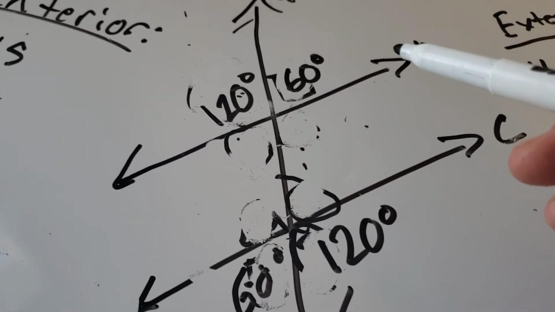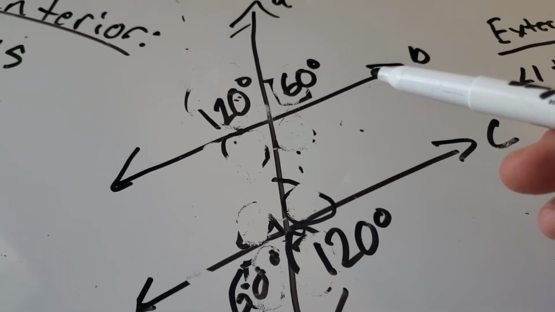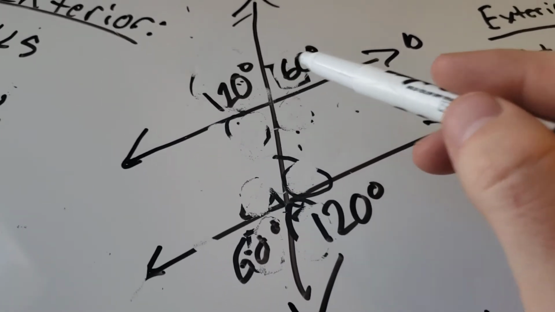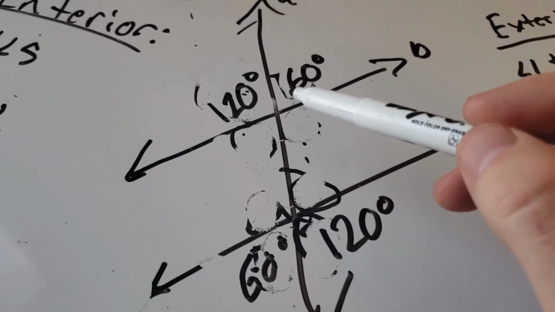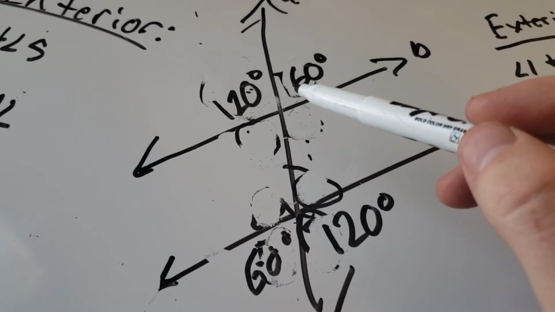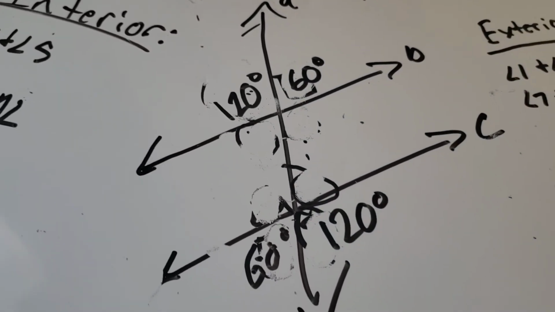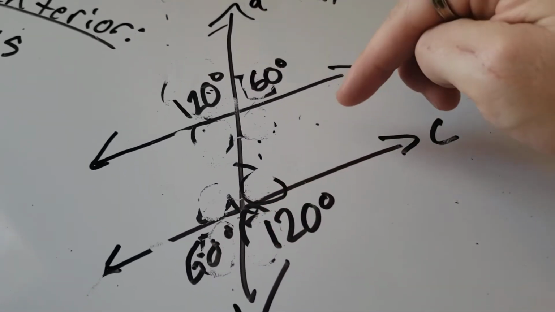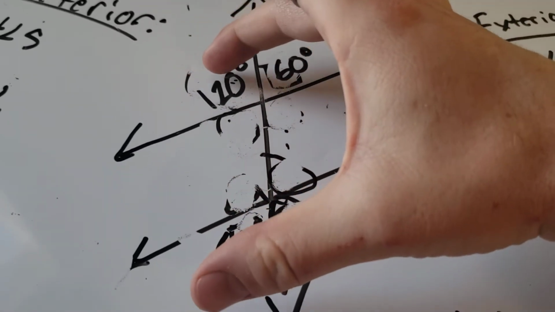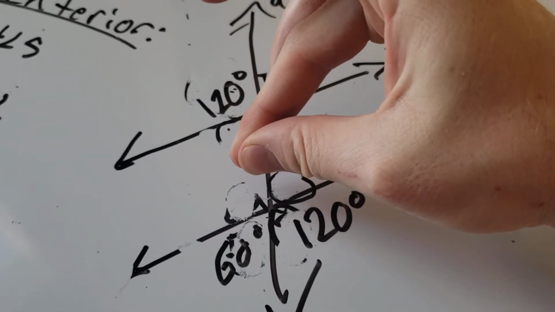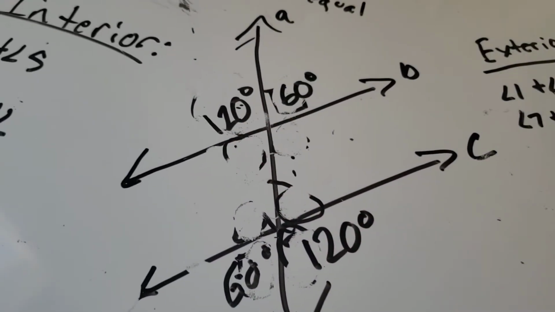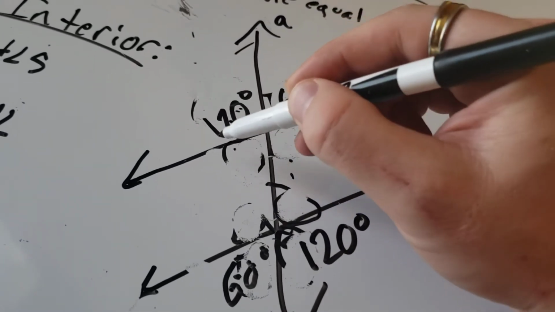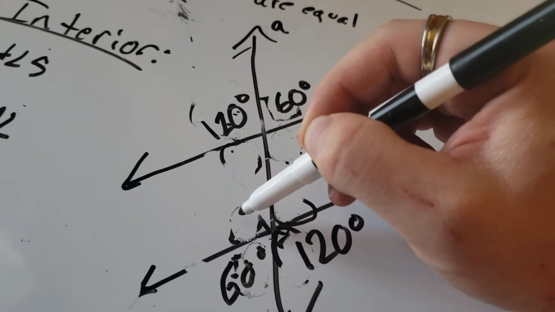Now, we could use supplementary angles, use alternate exterior, interior to figure out the rest of these. But I want to talk to you about one more thing, which is corresponding angles. So what I want you to do next is think, if I took lines B and C and I squished them together so that they were the same exact line, you could imagine that this angle right here would become this angle right here.